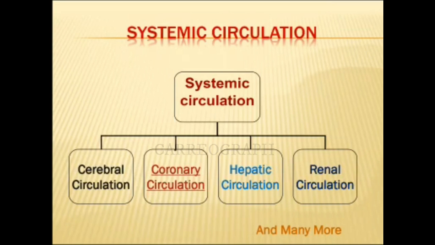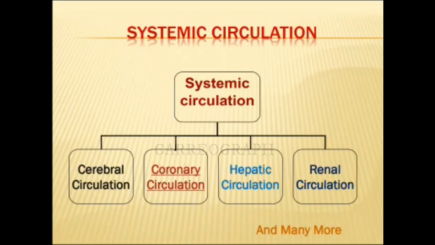Similarly, in renal circulation, blood is pumped to the kidney through the renal artery and back to the heart again through the renal vein, and many more according to the organ. The heart pumps to that organ, it goes via artery and comes back via vein into the heart, and this circulation is called systemic circulation.